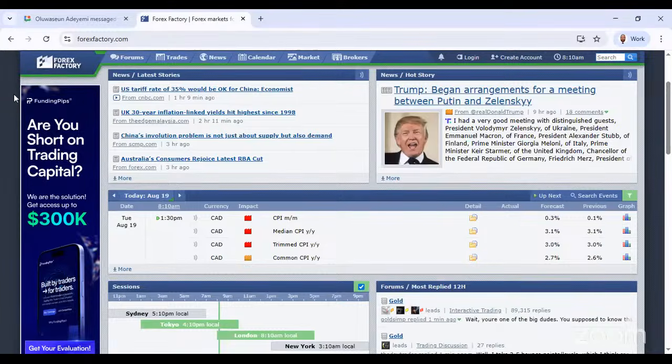Outside Forex Factory, we also need to pay attention to the negotiations surrounding the war in Russia-Ukraine being handled by the US president. So that can also impact the market at any time. But for today, according to Forex Factory, you only have this.